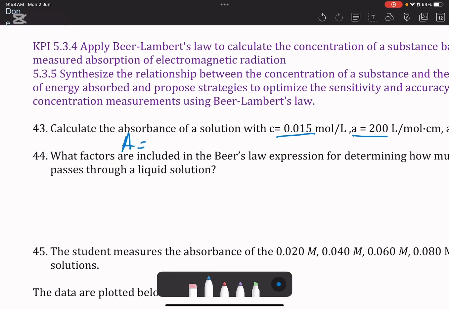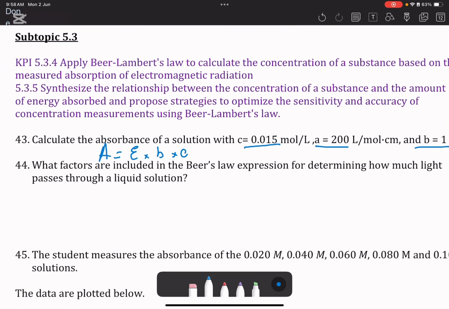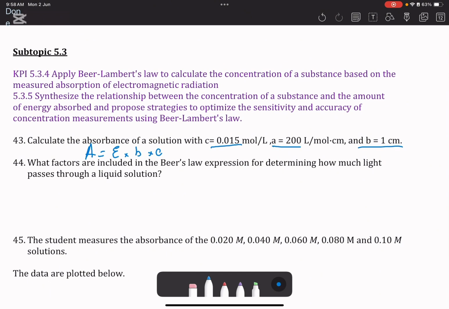It's written A equals molar absorptivity, epsilon, multiplied by b, which is the path length of the cuvette, where the light is going to go, multiplied by the concentration. So remember, these values are also given in the table next to the formula sheet, indicating what each one means.